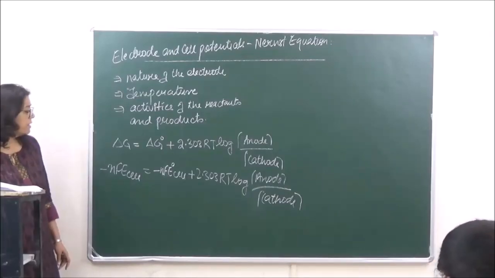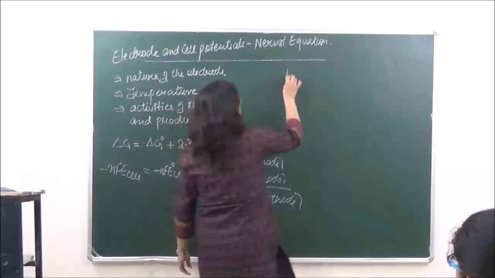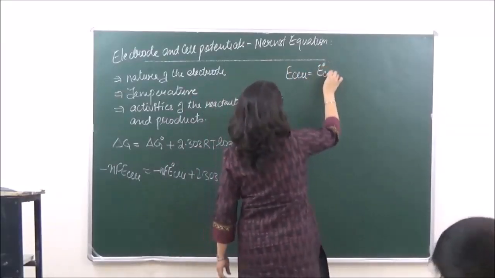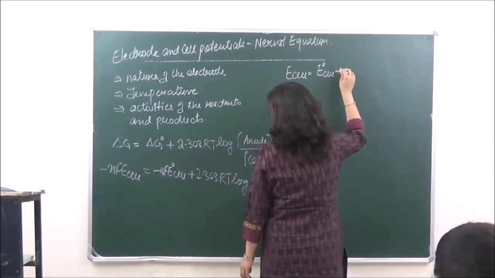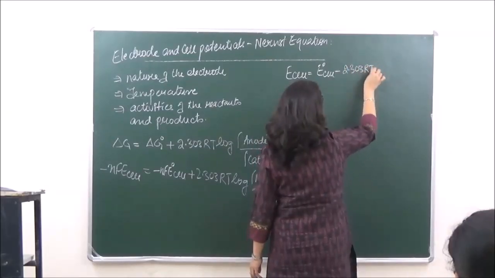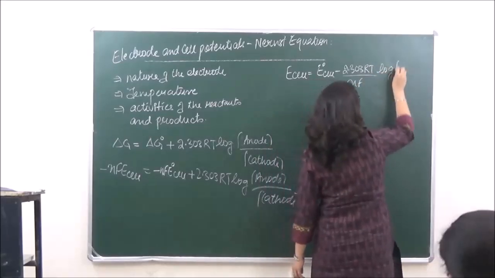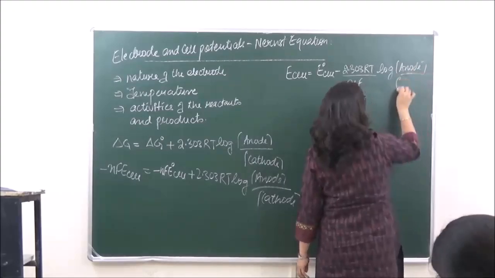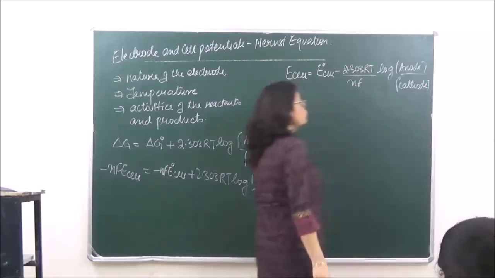Now solving this, what will we get? Solving this, we should get E cell equal to E naught cell minus 2.303 RT upon NF log of concentration of anode upon concentration of cathode.